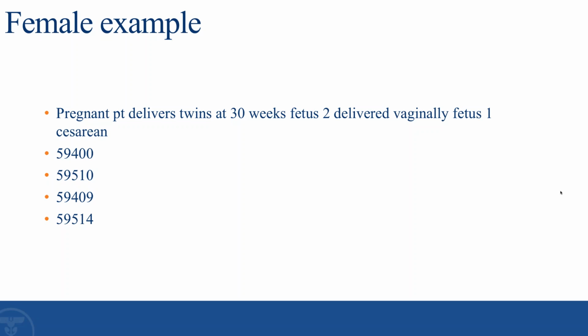And then I said that mom had it. So now this patient becomes what? High risk. And the only one that states high risk in that category is G0105. So you see how we got there.